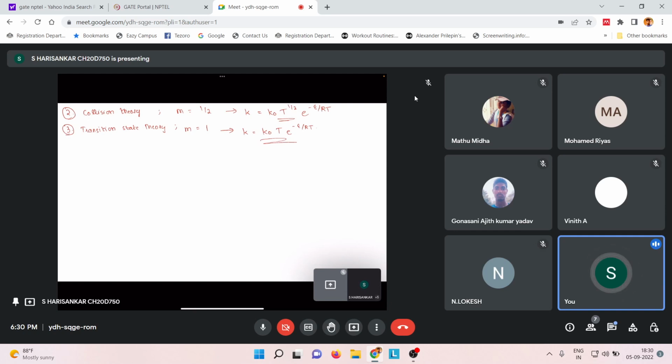Fine. So these are some of the basics for our basic rate equation. Now let us see how we can derive rate equations for different orders of reaction. The first case is the zero order reaction.